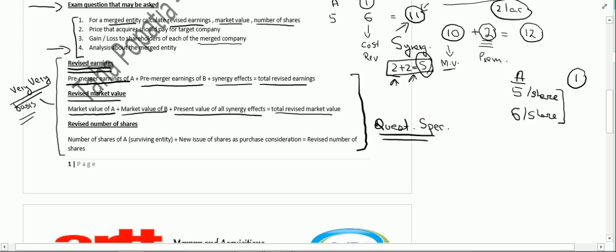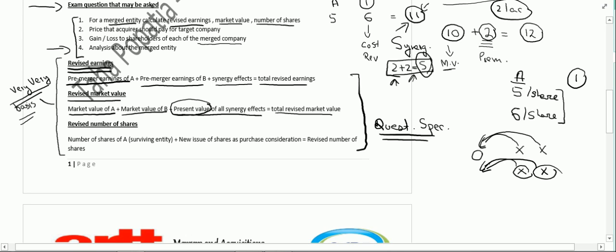What does this present value of all synergy effects imply? Remember, during share valuation, we said that the value of a share is the discounted value of all future dividends to year 0. During the free cash flows to company lecture, we said that the market value of a company is the discounted value of all future free cash flows to year 0.